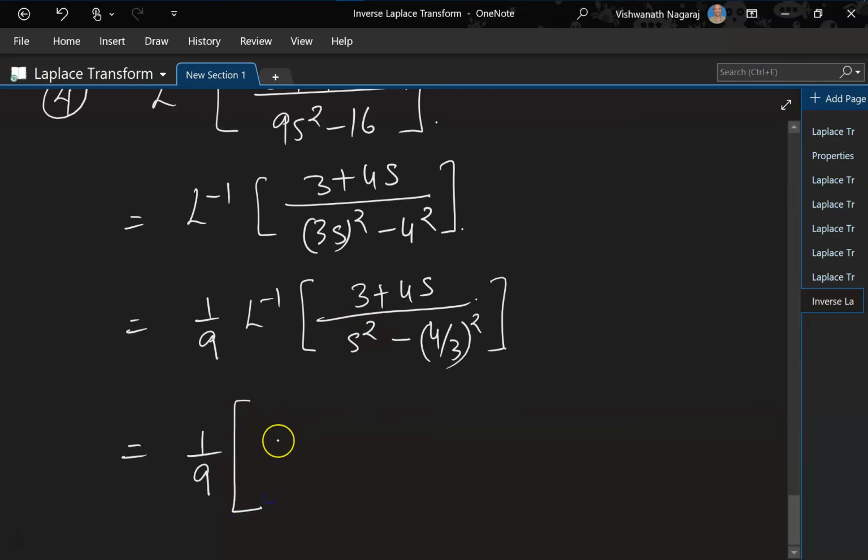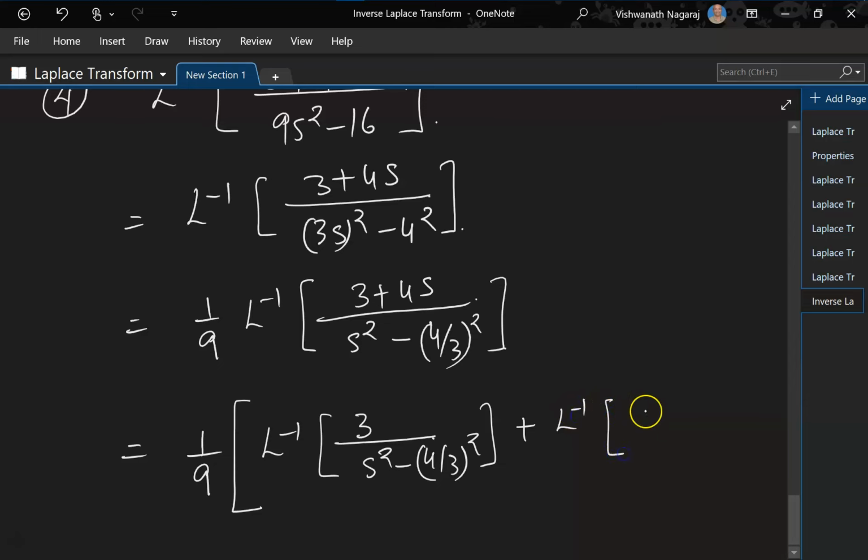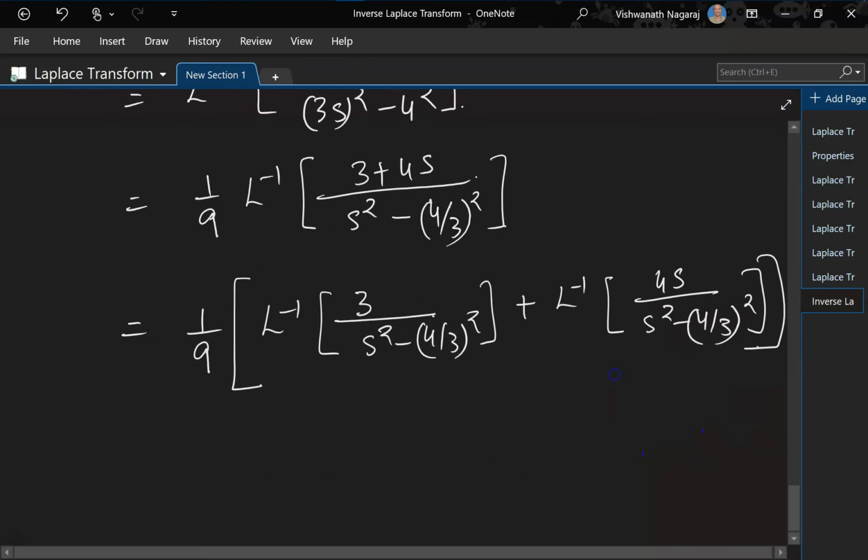Laplace inverse of 3 by s square minus 4 by 3 square, plus Laplace inverse of 4s by s square minus 4 by 3 square, right? Now, this 3 can come out, but actually we want it to be 4 by 3.